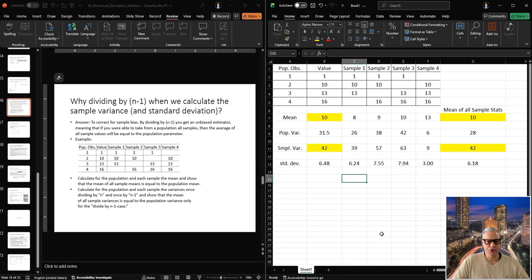Anyhow, let's conclude here. We know for sure that the mean is an unbiased estimator and the sample variance gives us an unbiased estimator, meaning that this is the best estimator from a sample that we can use in order to make inferences about the population. Okay, let's stop here, and in the next video let's continue with some more statistics of dispersion.